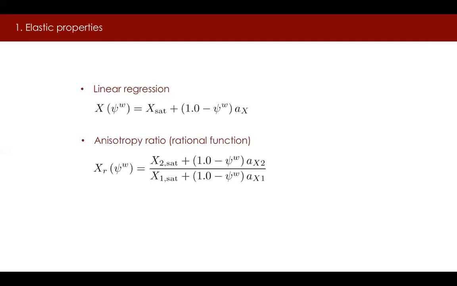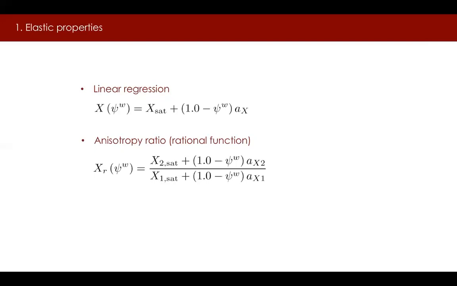Here, we use the value at the saturated state x_sat, and the slope a representing the rate of change of the elastic parameter with respect to saturation. In this equation, x could be any of the stiffness moduli or Poisson's ratios. This straight line variation can easily be established by linear regression of lab data.